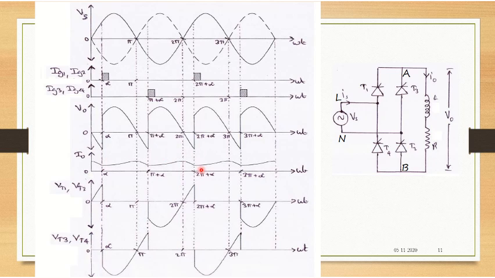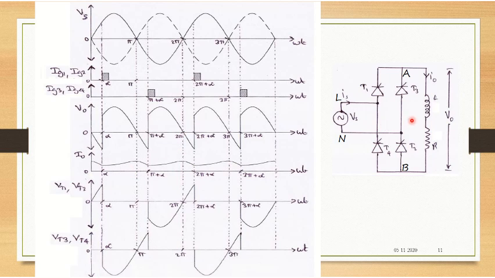So then we say this converter is operating in inverting mode. Please understand that if alpha is greater than 90 degrees, then the output voltage will be negative and the current is positive.